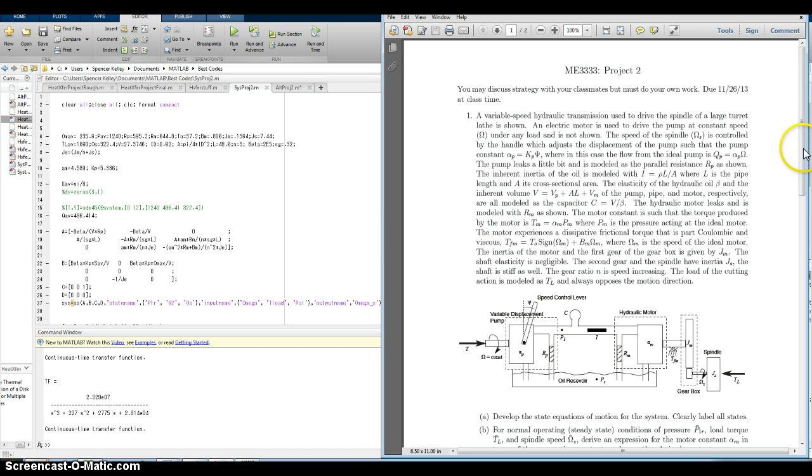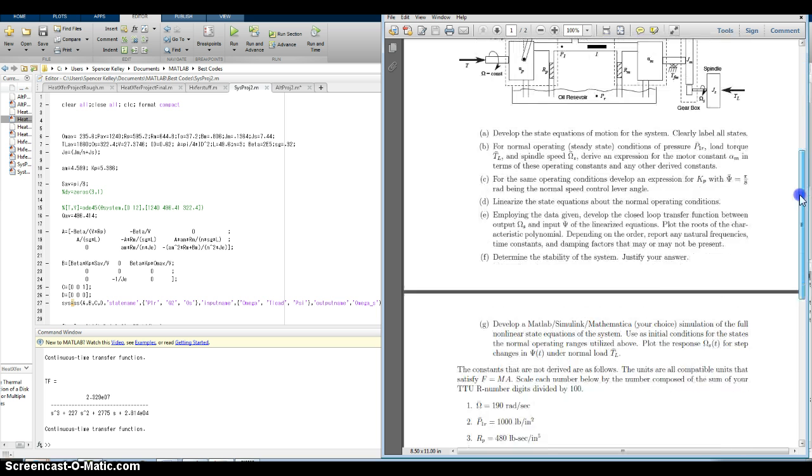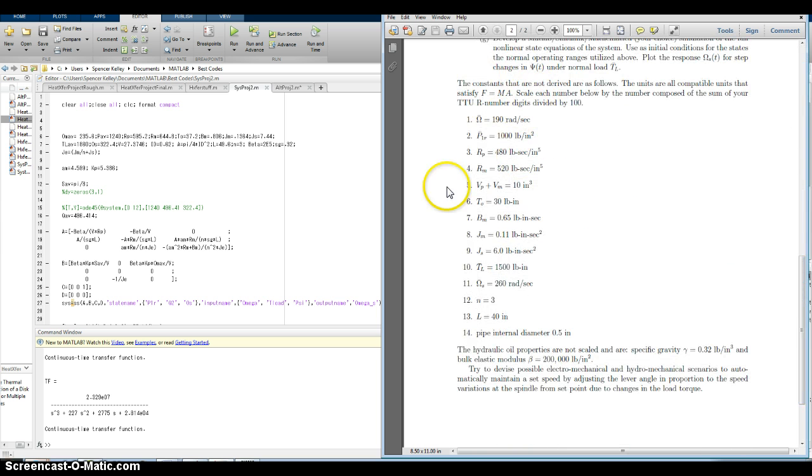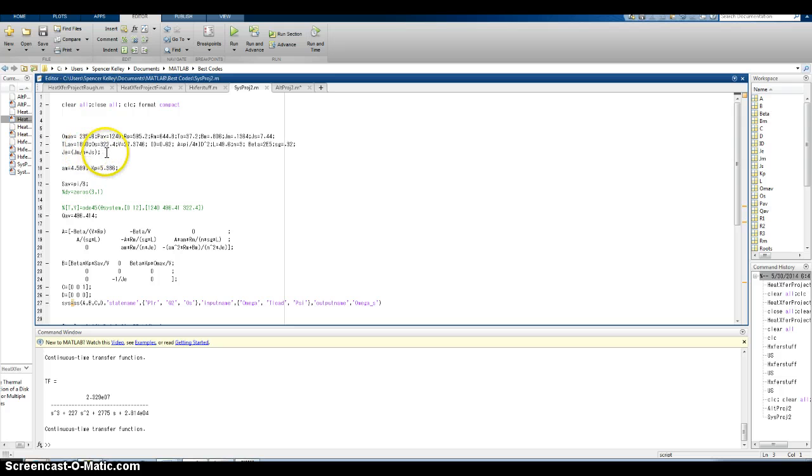Now, I did two codes for this, because this section where we were given values for the various variables and things that we had to find or otherwise calculate had to be scaled for each student so that nobody could replicate their results. So the first code that I did, I pre-scaled all of the values and just input them straight into the code.